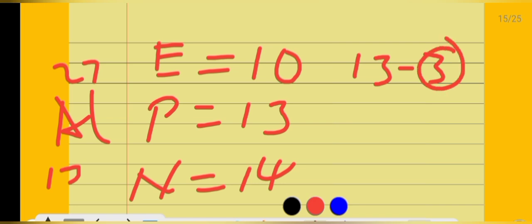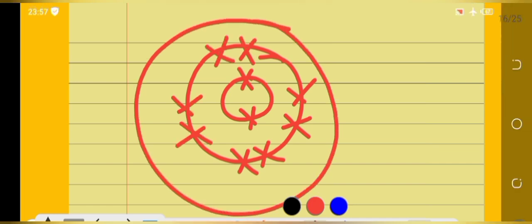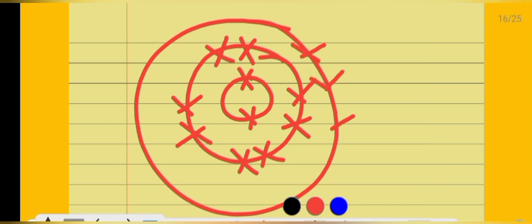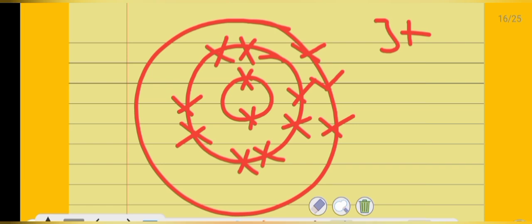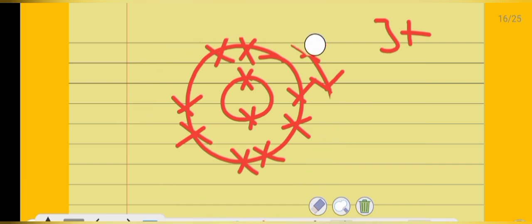So if we had to show it, in the first shell of aluminium, we have 2 electrons. In the second shell, we have 8 electrons. In the last shell, we have how many? We have 3. Now the valence of aluminium is 3, which means it loses 3 electrons, and so this shell should completely disappear.